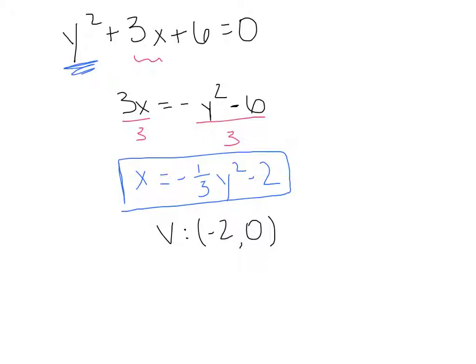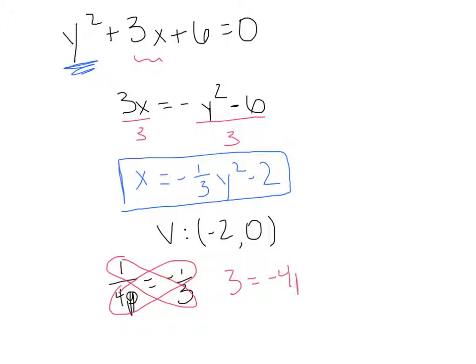Now if we wanted to find p, this one's a little bit trickier. Remember that 1 over 4p equals negative 1/3. So if we use cross products, we are going to get 3 equals negative 4p.